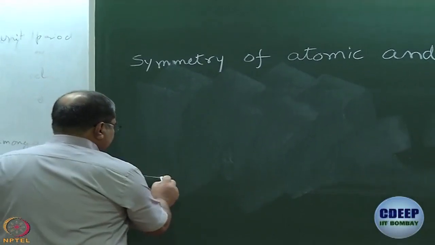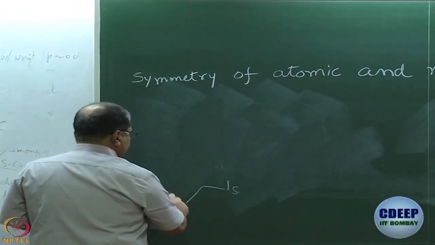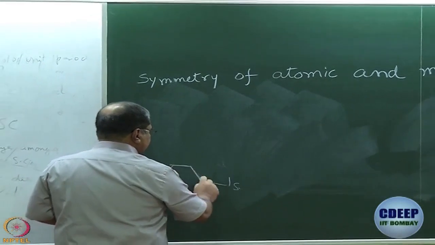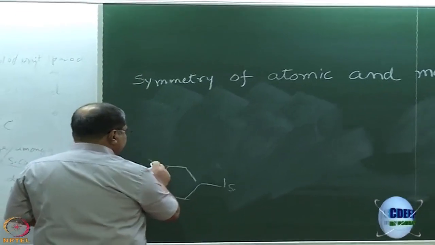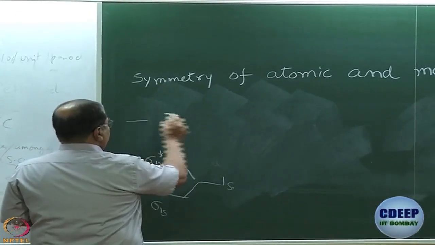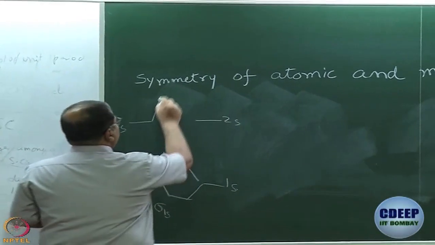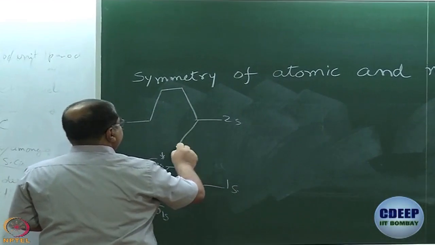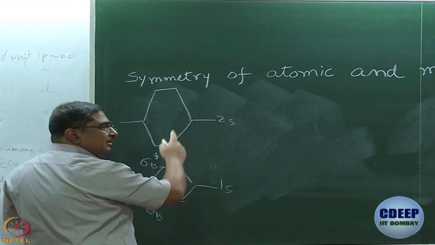What we are saying is this 1s and 1s give you linear combinations to give you say sigma 1s and sigma 1s star. Then 2s and 2s atomic orbitals give you, oh, there is no space on the top, that is a problem.